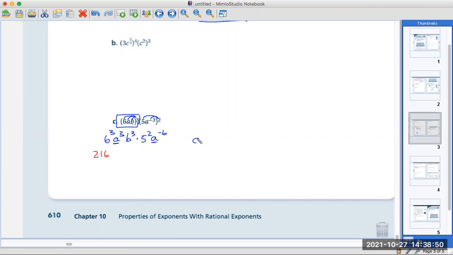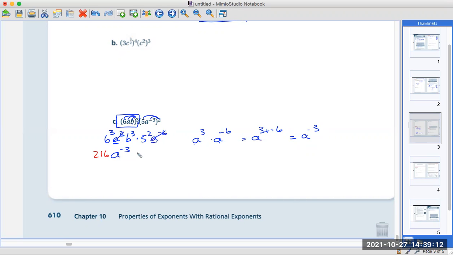These are A cubed times A to the -6, same base. You notice the A's have the same base. I can add the exponents, which is A to the -3rd. So I combined the A's.